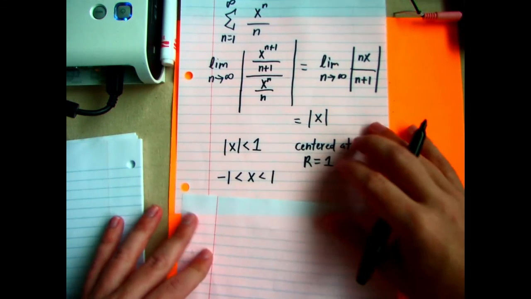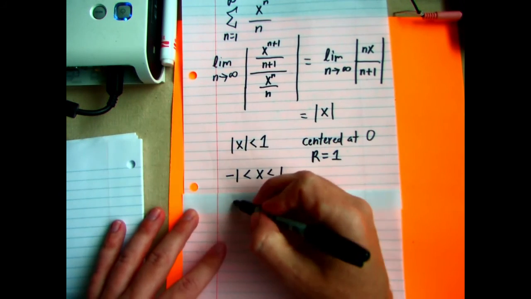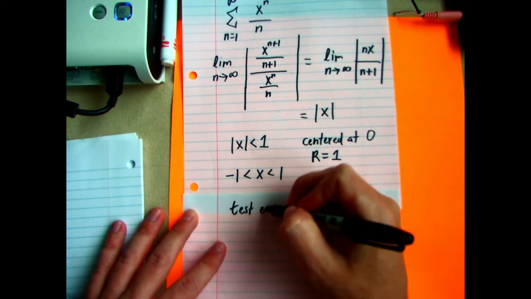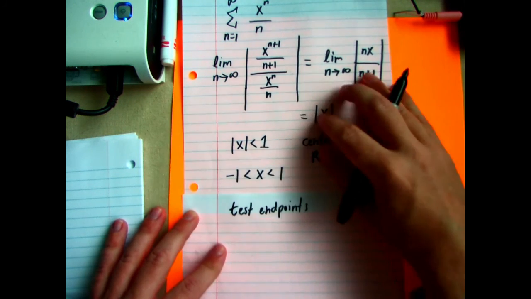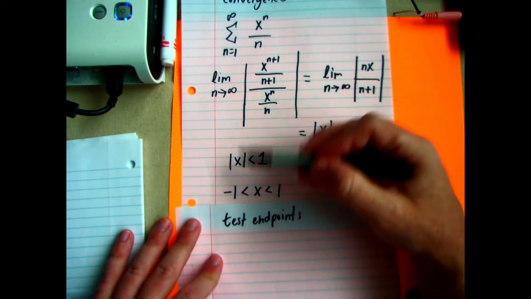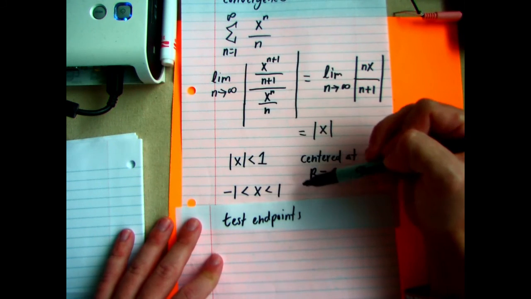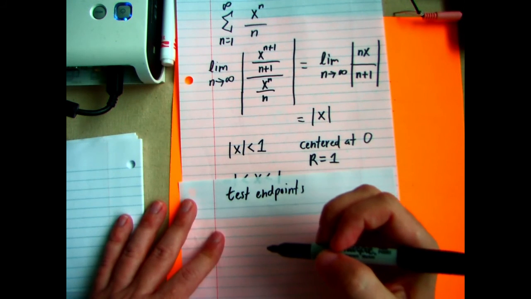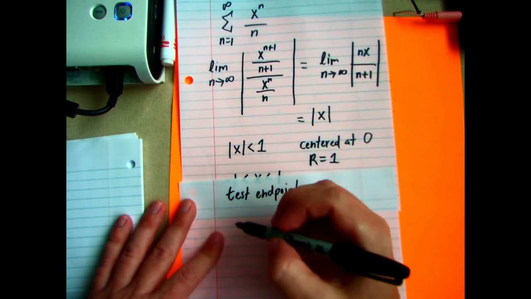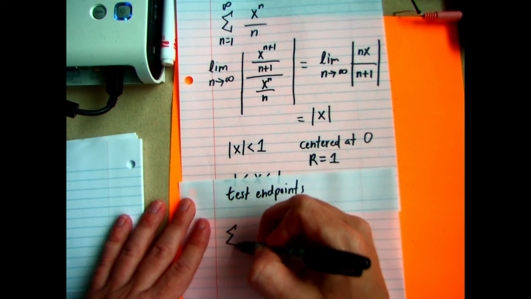So from there we see the center is at 0, and the radius is 1. Last thing I got to do is just test those endpoints. Let's test negative 1 in the original infinite sum, and also test x equals 1.